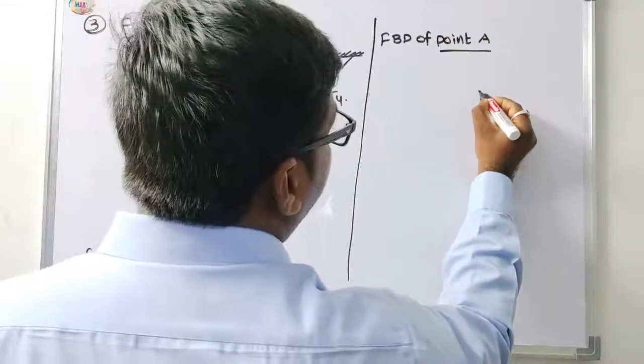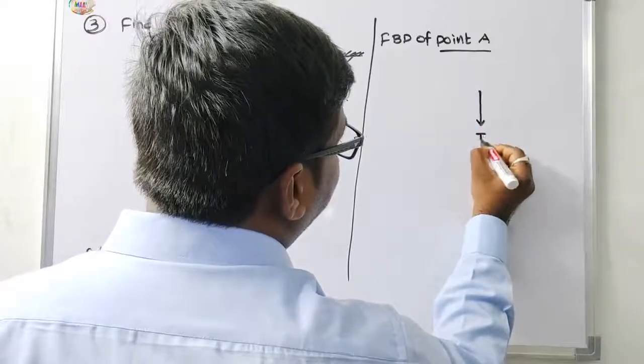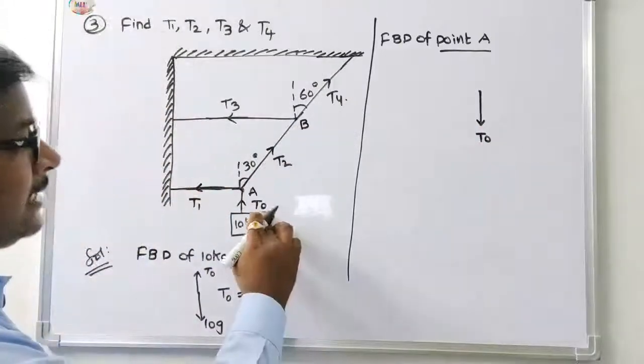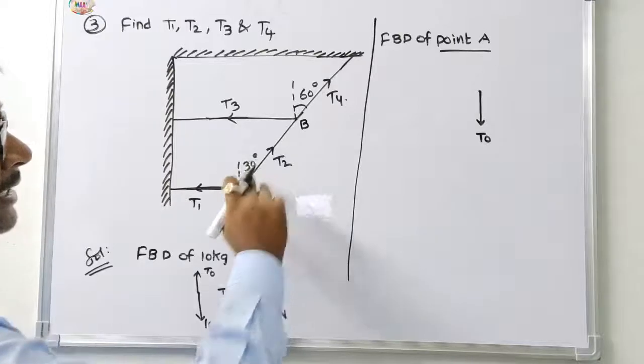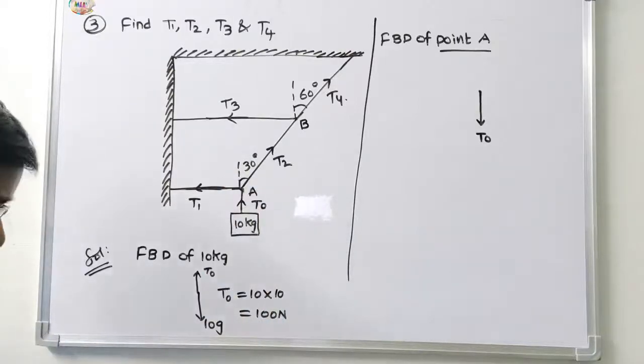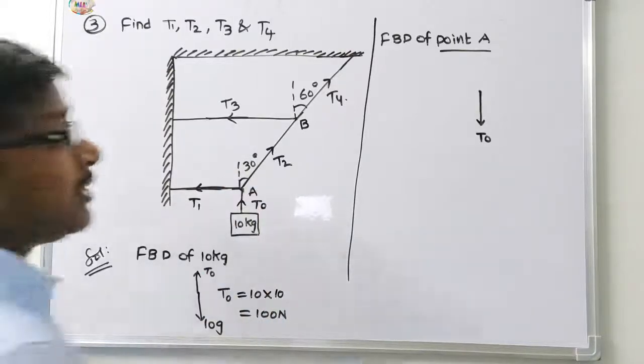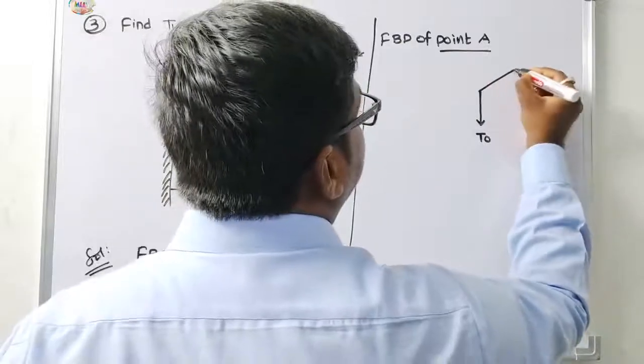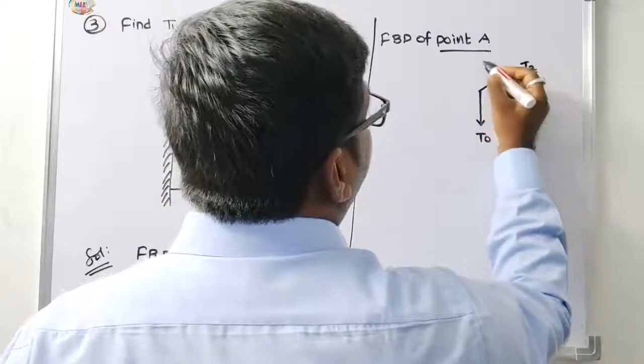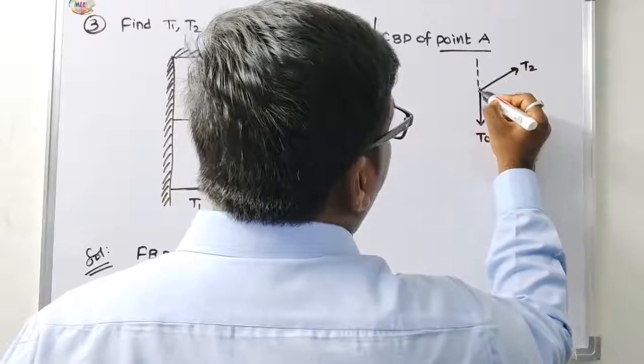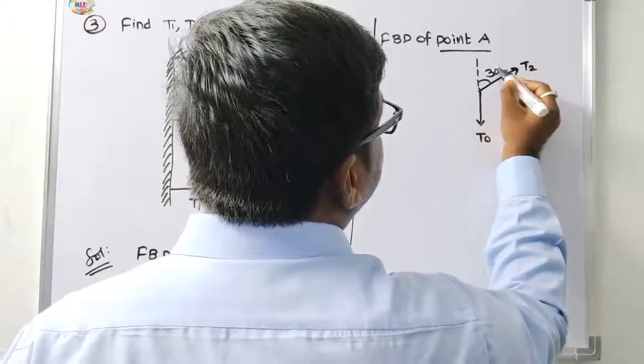T naught acts downward. On this side, the tensile force T2 acts, making an angle of 30 degrees.